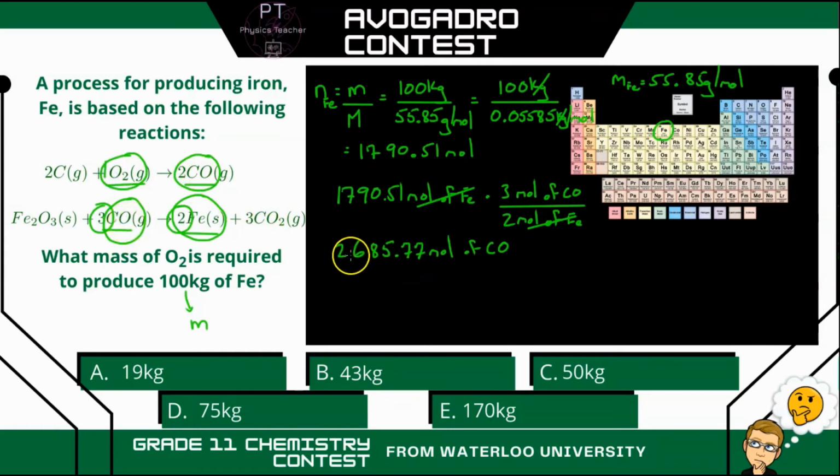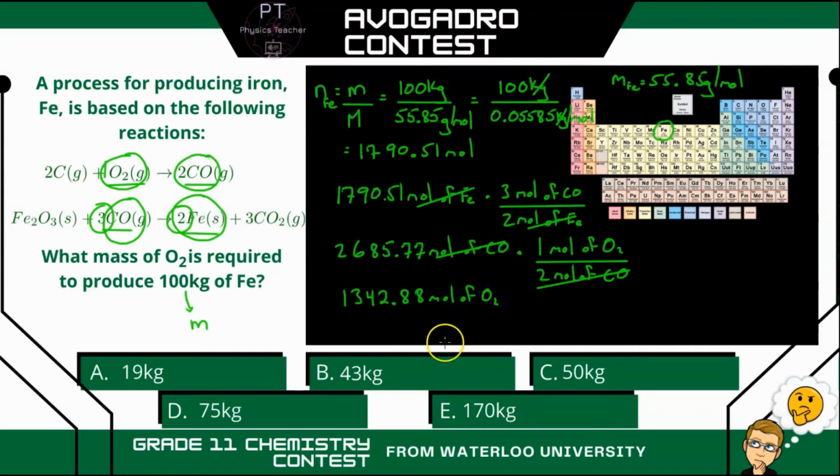So once again, we'll use this many moles of carbon monoxide and we'll multiply it by 1 mole of oxygen for every 2 moles of carbon monoxide. And when we do that, we will know how many moles of oxygen is required. And it turns out to be 1,342.88 moles of oxygen.